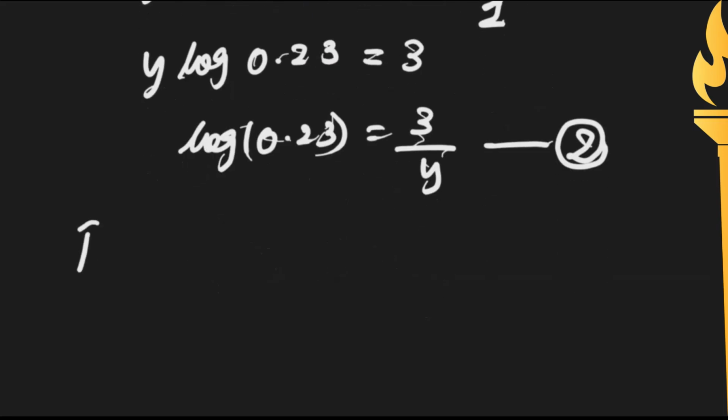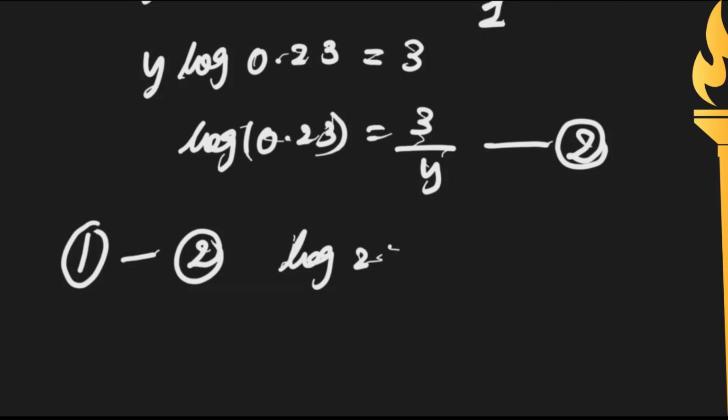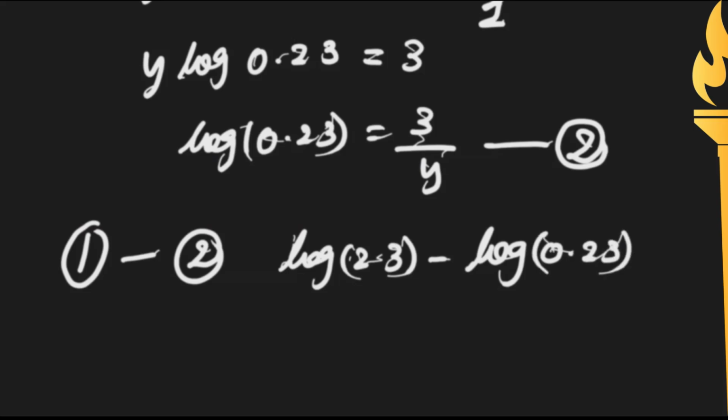Let's subtract the second equation from the first equation. We would get log of 2.3 minus log of 0.23 is equal to 3 by x minus 3 by y.